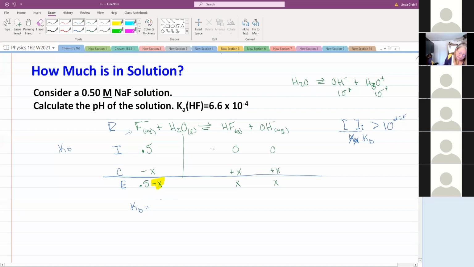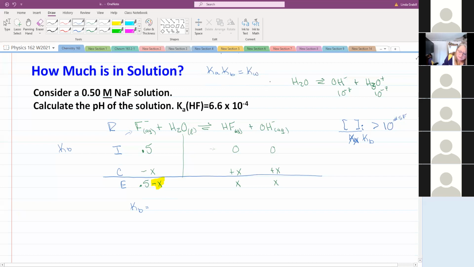I did it by having 1 times 10 to the negative 14 and dividing it by the Ka. Good, so you did my Ka times my Kb equals Kw. Good, perfect.